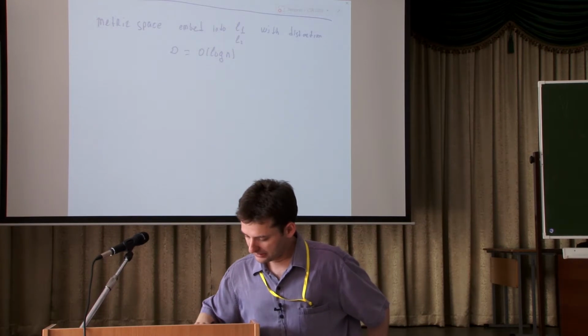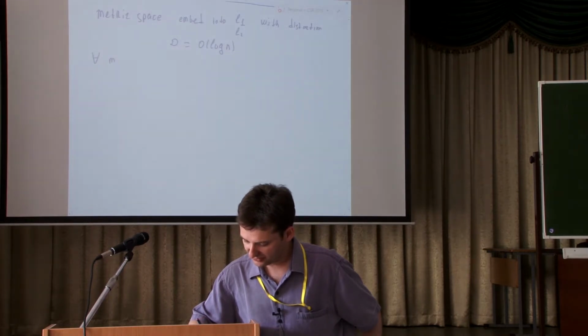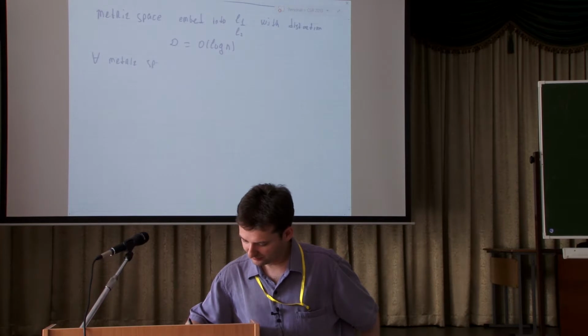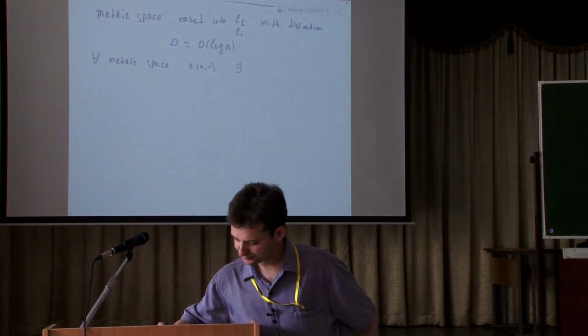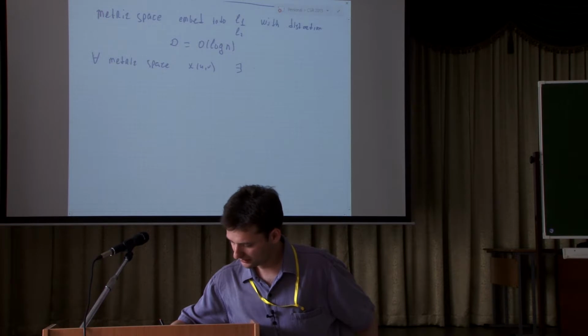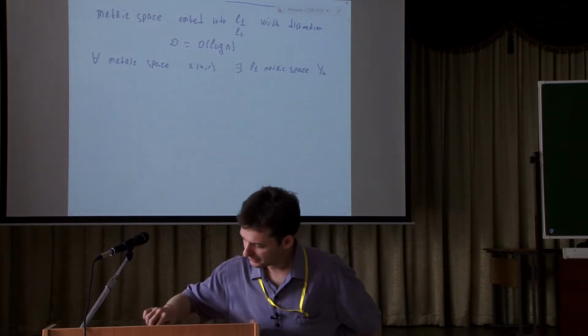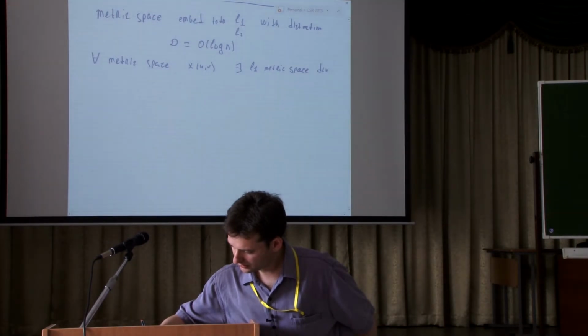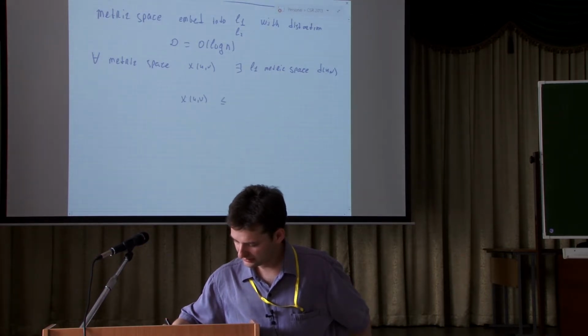So for every metric space XUV, there exists an L1 metric space DUV such that XUV is less than DUV.